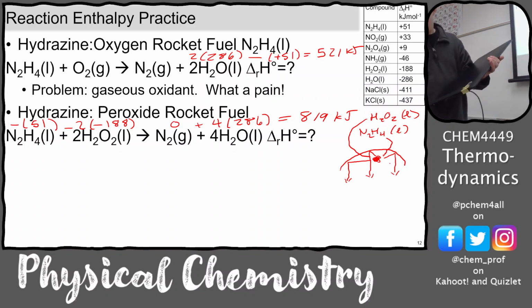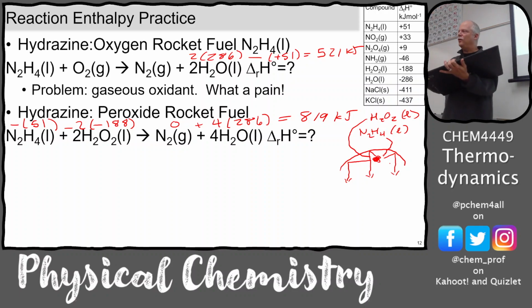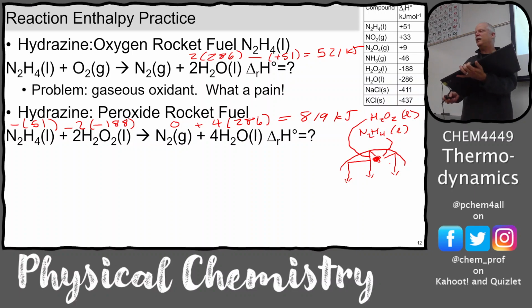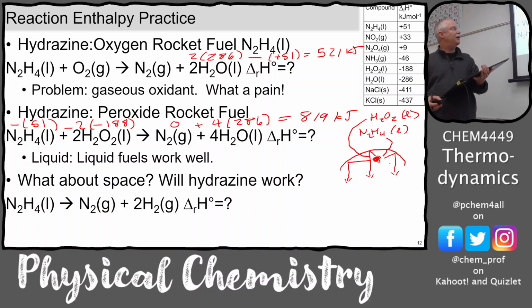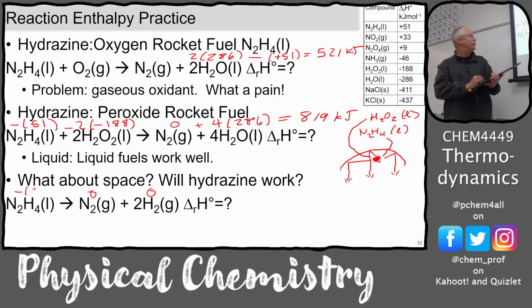We could, just because hydrazine is uphill from its elements, we could just not even need an oxidizer. We could just spark the hydrazine by itself and not even need to take the oxidant. And so in this case, we have 0 for the products, and we have a minus 51.